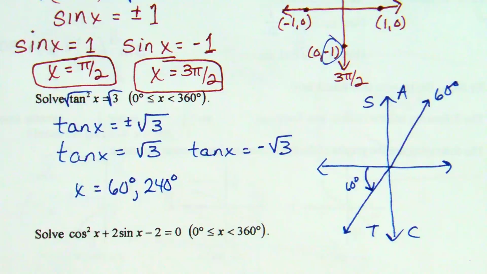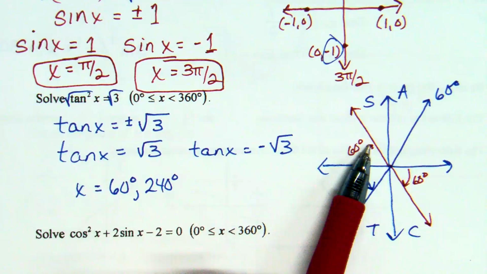Now, when does tangent equal negative square root of 3? That's going to happen in these other two quadrants. So now, same thing, using that reference angle of 60 degrees. Up here in quadrant 2, what is that? 120, because it's 180 and you're taking away 60.